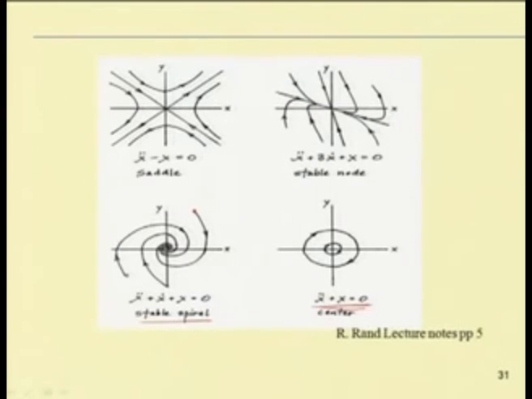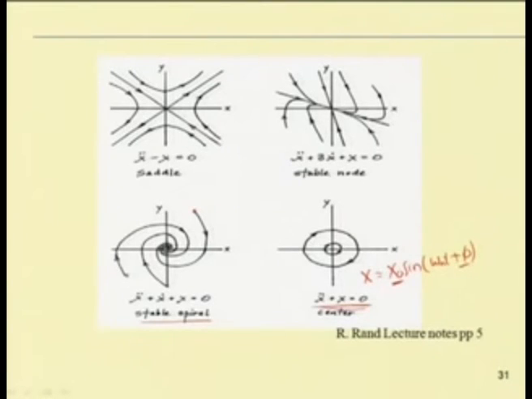So, this is similar to that of an undamped single degree of freedom system. Its solution is capital X equal to x 0 sin omega n t plus phi. Taking this initial condition one can find x 0 and phi, and this shows the center.